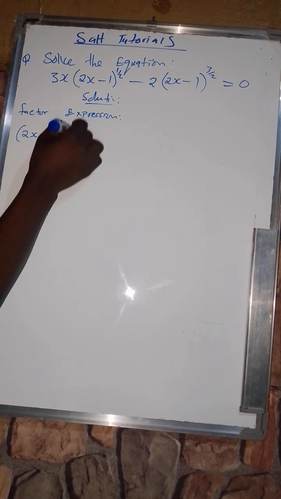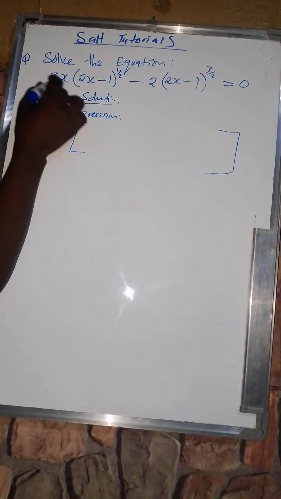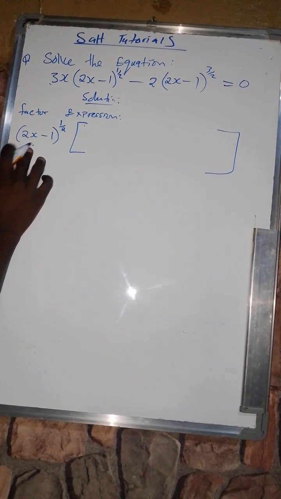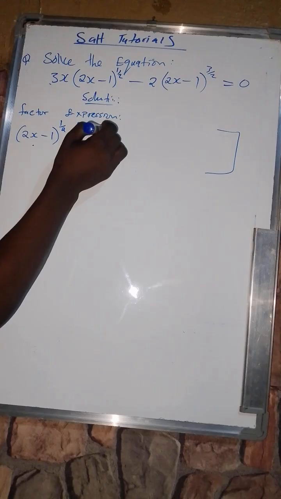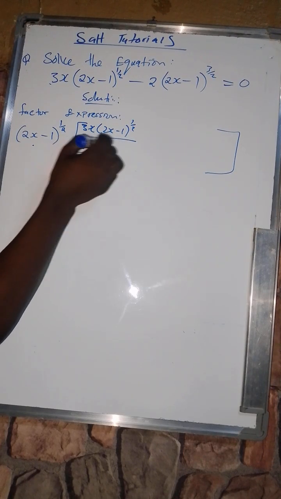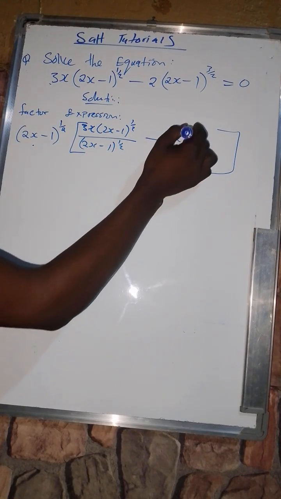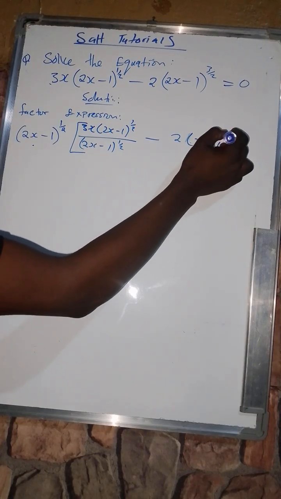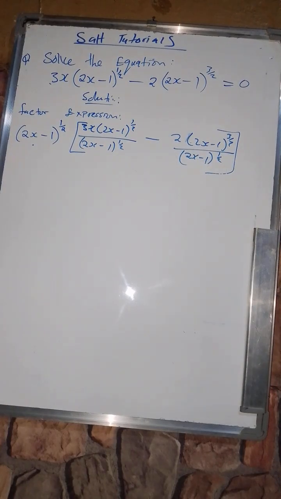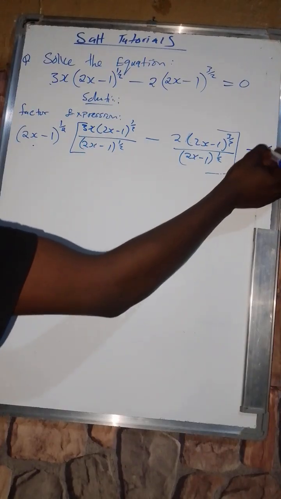Open bracket. What remains in the bracket is the first term divided by the common factor, and the second term divided by the common factor. So I'm going to have 3x times (2x minus 1) to the power 1 over 2 divided by the common factor (2x minus 1) to the power 1 over 2, minus 2x minus 1 to the power 3 over 2 divided by 2x minus 1 to the power 1 over 2. This should be equal to 0.